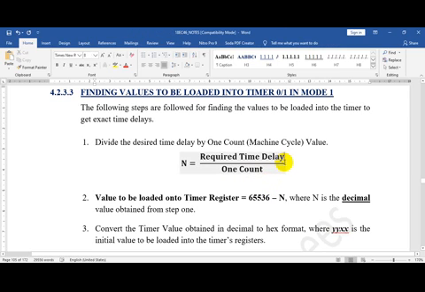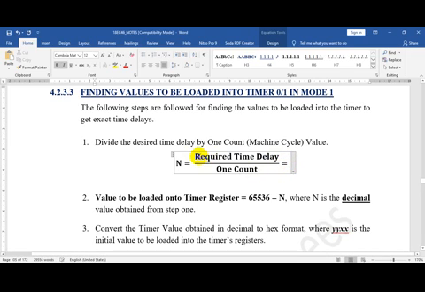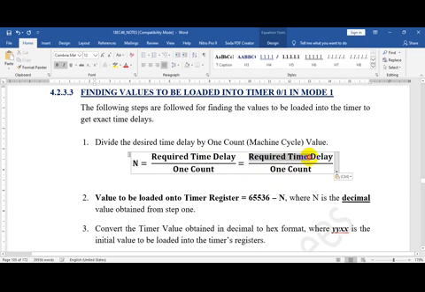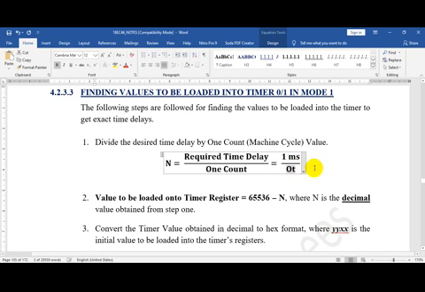For example, suppose you want a delay of, say, 1 millisecond. So this is your required delay, and your one count, let us assume, is 1 microsecond.